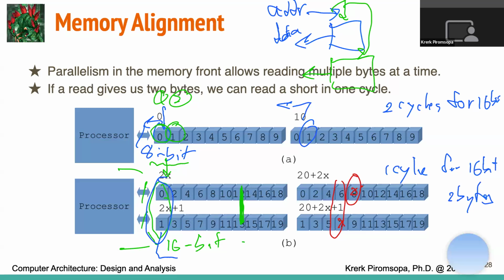Now what if the data I want to read has the first byte in one row and the second byte in the next? For my number I need a first cycle to hit this byte, a second cycle to take the other byte, then combine them together. But if this is the first byte and this is the second byte, the first row comes in and I get the number within just 1 cycle.